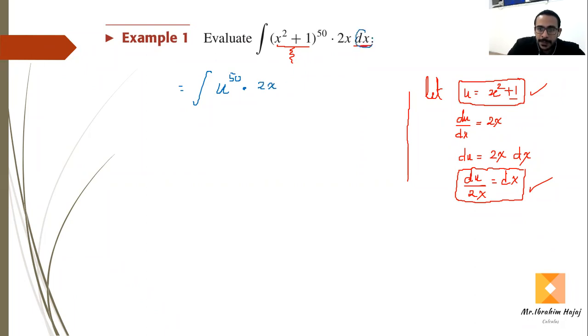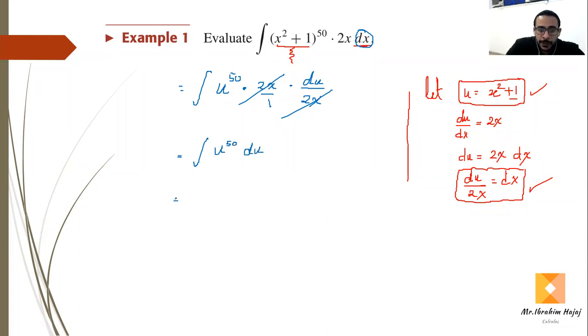And replace dx by its value, which is dx equals du over 2x. You will notice that we have common factors up and down in the numerator and denominator, so we can cancel them out. We can cross them out like this. So we now have the integral of u to the power of 50 du.